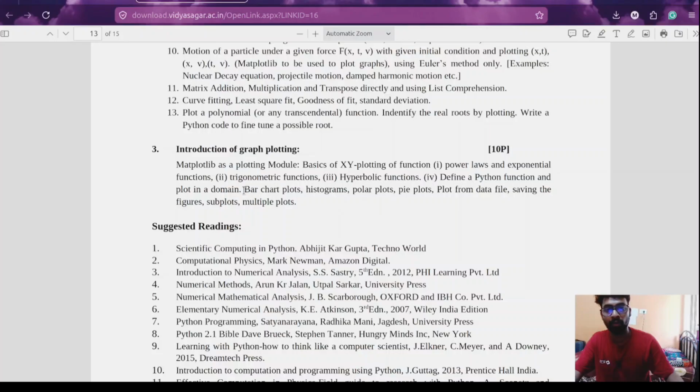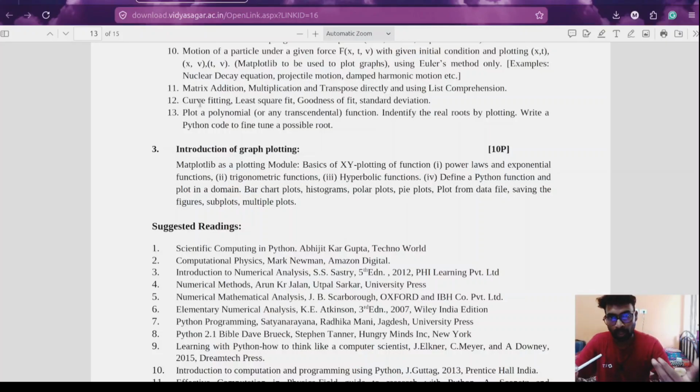We also follow how to plot bar charts, histograms, polar plots, pie plots, and plots from data. We have data, and we also learn how to create data in an Excel file, and then how I can plot this Excel file data using Python, and save the figures in a specific path and directory.